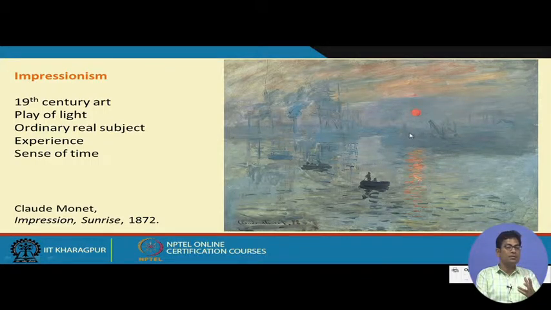Light brings with it the sense of reality, realism. Look at the ordinary real subjects which have been chosen, very ordinary, simplistic objects, but that creates a very strong sense of experience which matches with your experiences, and there is a sense of time. These are the essential properties of impressionist art, but impressionism in reality is a representational form of art.